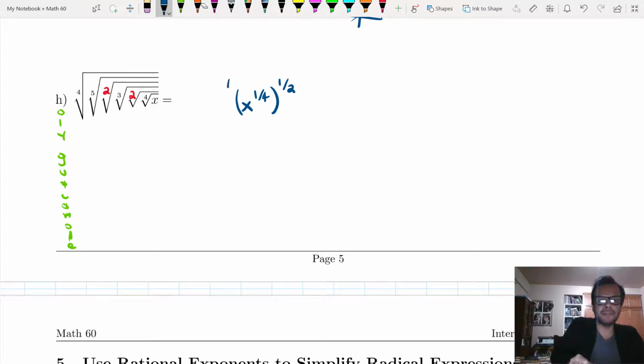And then to the 1/3. To the 1/3, right? And then to the 1/2 again. And then to the 1/5.